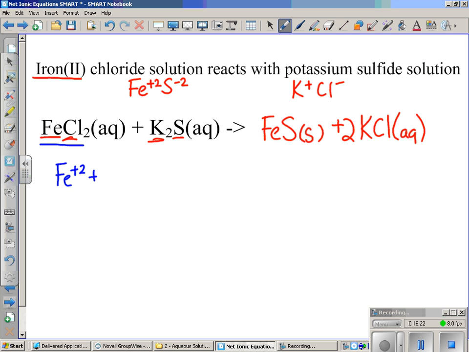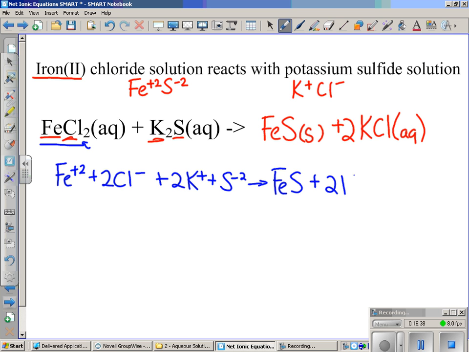All right, so what you're going to do here is take and break up the aqueous. So Fe +2, and then 2 chlorides. I knew there were 2 because of that little subscript. And then K2S, I'm going to have 2 K pluses and a sulfur -2. And then FeS is a solid.